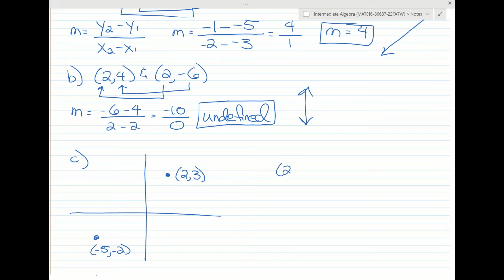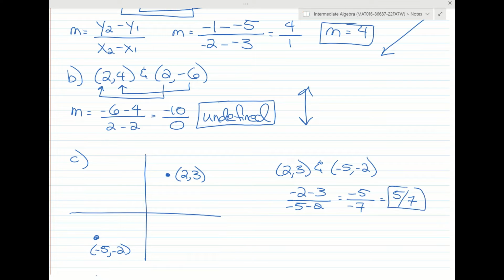We could just do 2 comma 3, -5, -2, and subtract them. And we'd see that the slope is 5 over 7. I mean, that's one thing we could do.